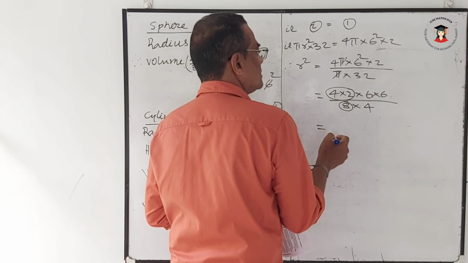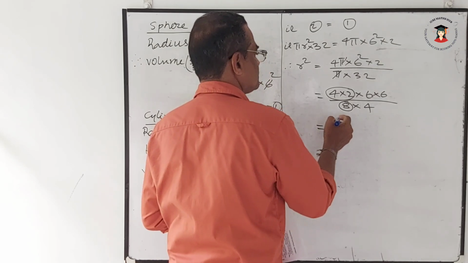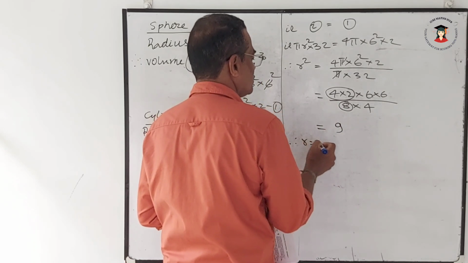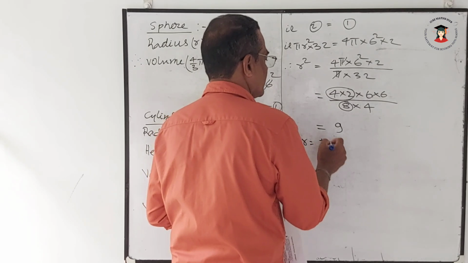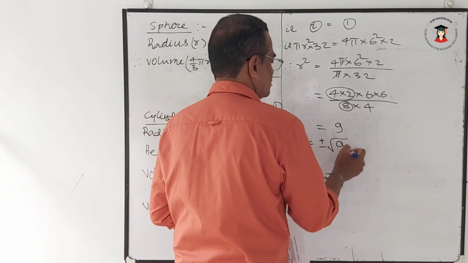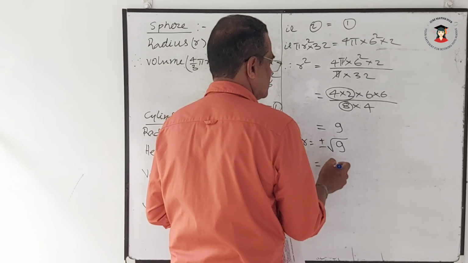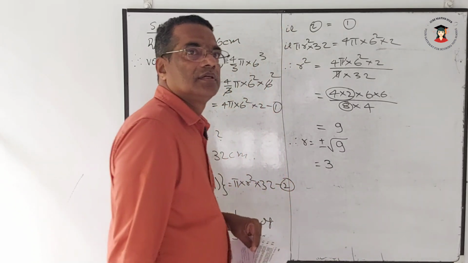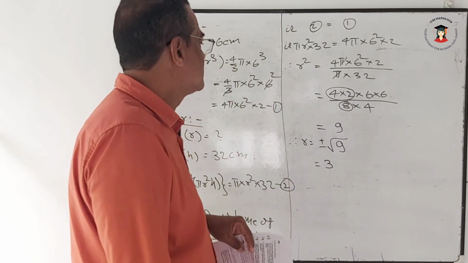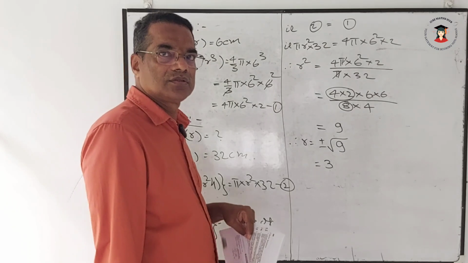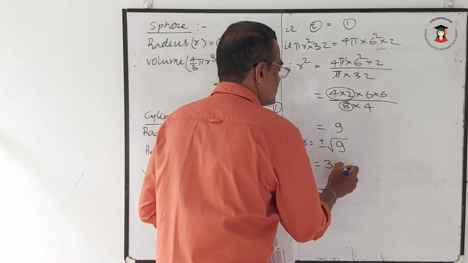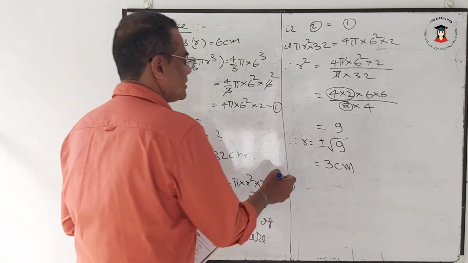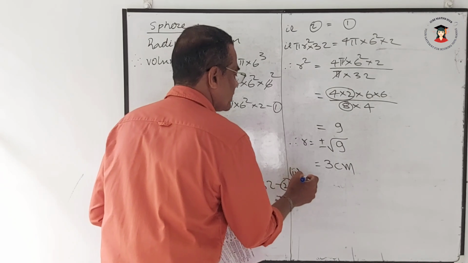So remaining is 36 by 4, that is equal to 9. Therefore, r is equal to plus or minus root of 9, equal to positive 3, since it is meaningless to say that the radius is minus 3. So the radius is 3 centimeter.